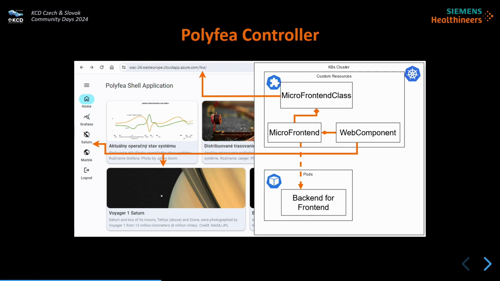Then we have something that we call Microfrontend that is basically, you could summarize it as a reference to some service that is then serving your web components, right? Or the bundle that is having these web components. So it's not really visible anywhere, but it's required for us to know where to load the web components from. Then we have the web component itself.